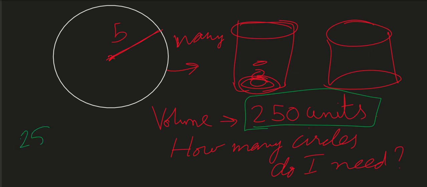What? You said 25 pi. What did you say? I said 250 divided by 25 pi, which could be simplified to 10 pi, and I got till there.